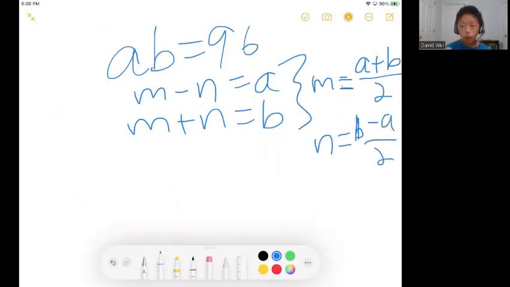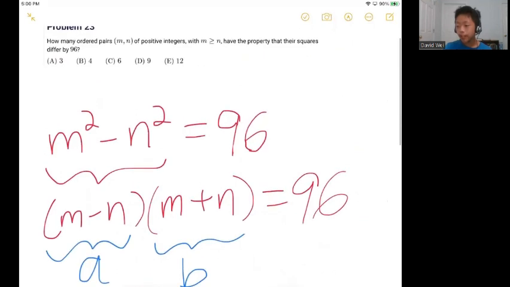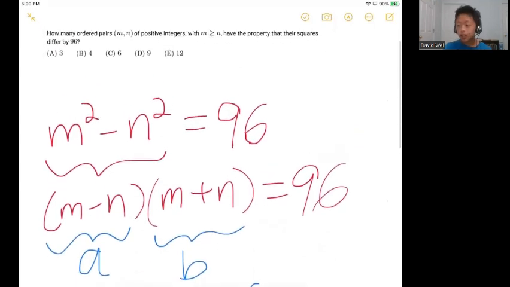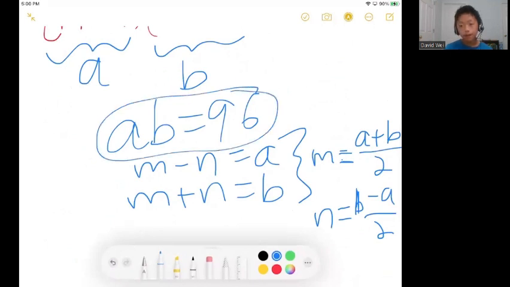The important thing to notice here is that you might be tempted to say, to answer the question, we can just look at this equation, a times b is 96, and find how many pairs a, b there are. We can say a is 1, b is 96 works, a is 2, b is 48 works, and test out all the possible values.